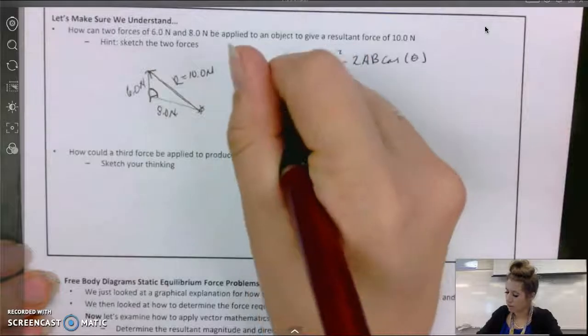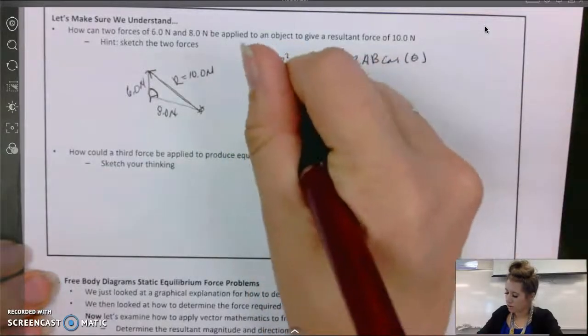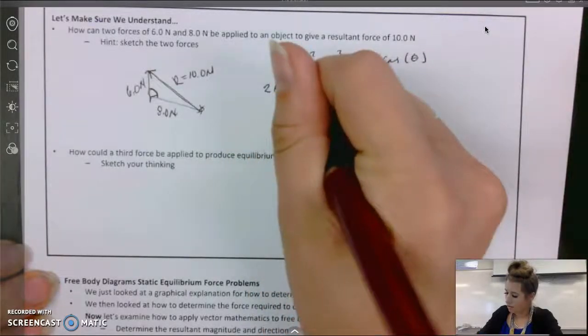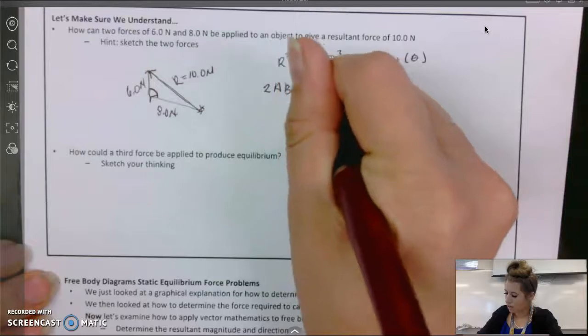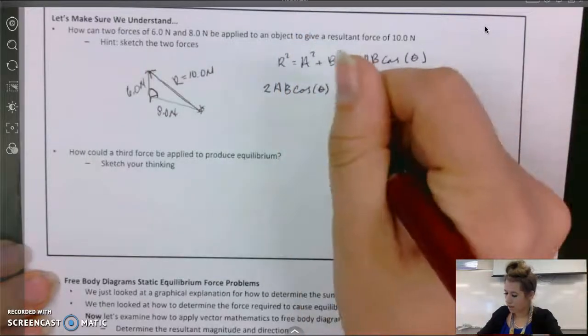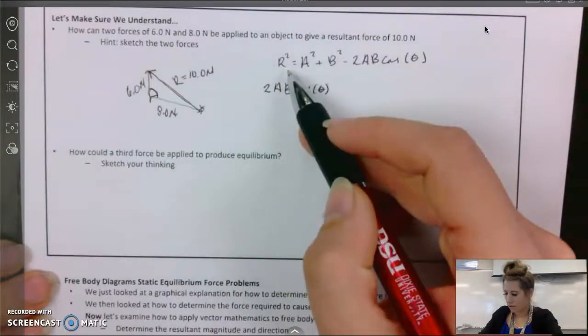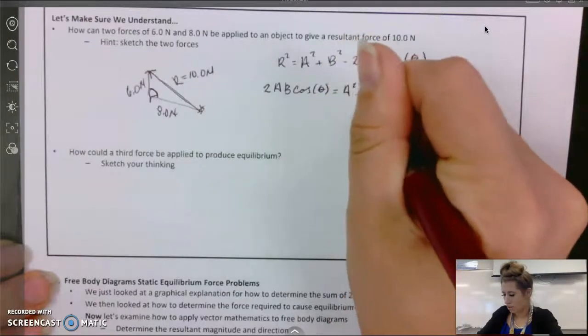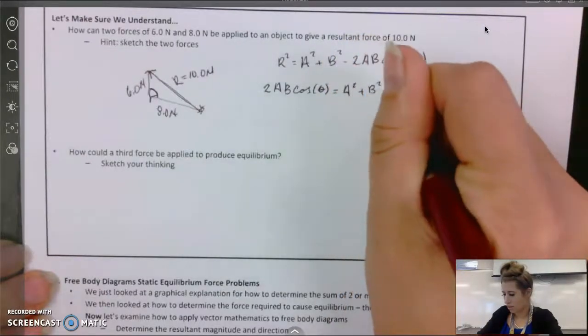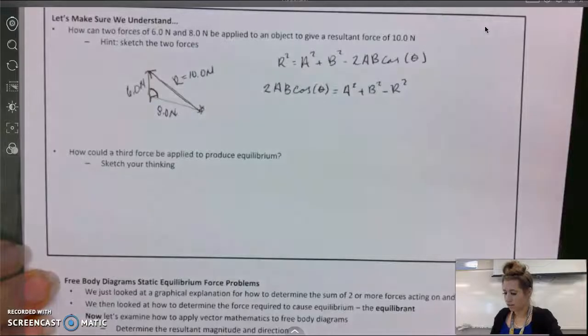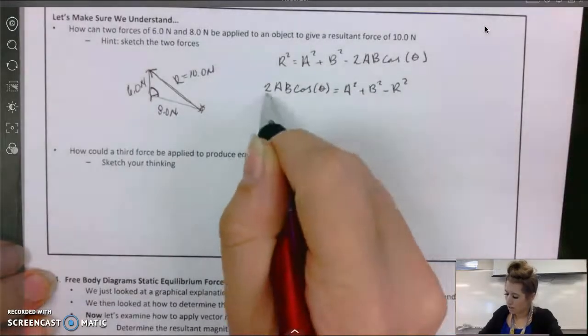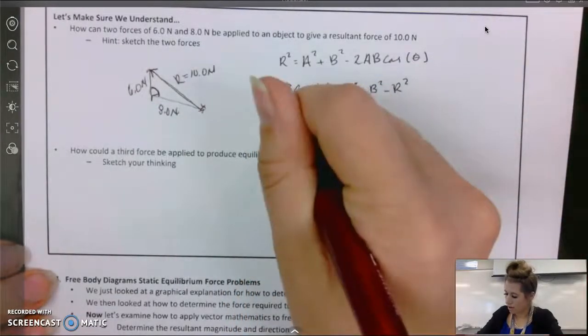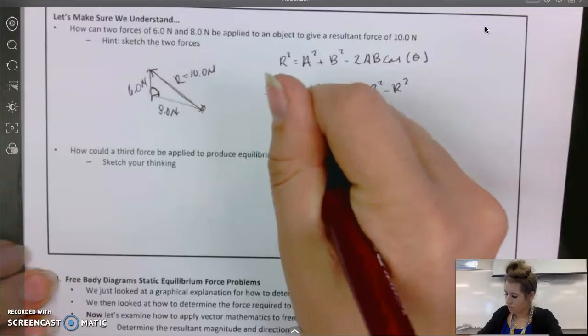So we could say 2ab cosine theta, which is added to r squared, but we're going to subtract that to the other side, so it'll be a squared plus b squared minus r squared. Okay. And then we can divide that by 2ab.